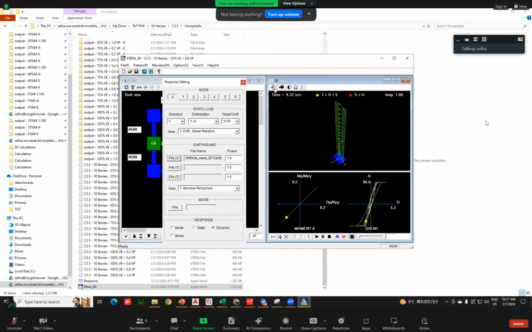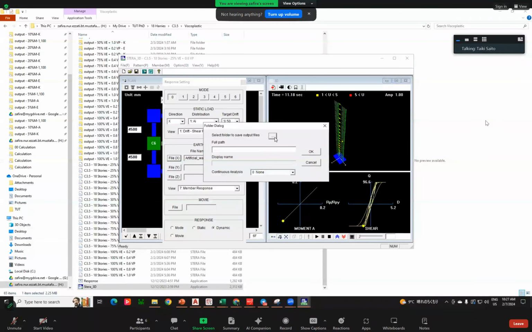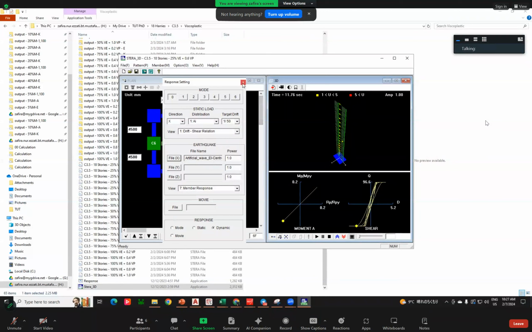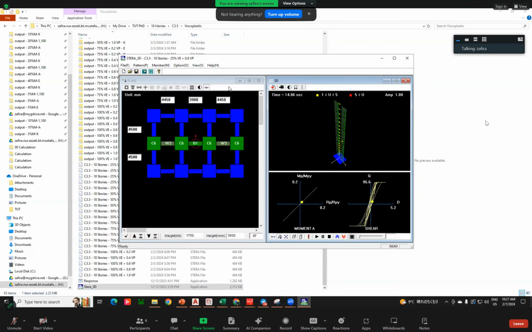Do you know how to do it? If you select all dampers from bottom to top, go to the next window. Just click the 6-story damper only. You can start from 1 story.